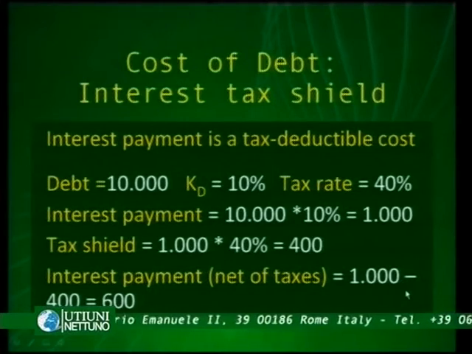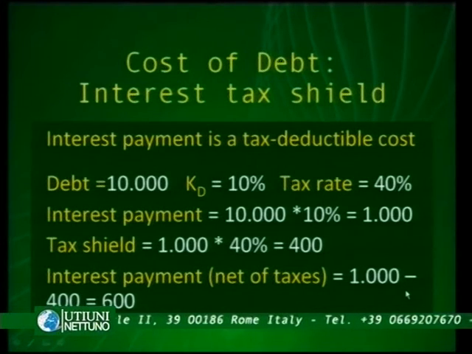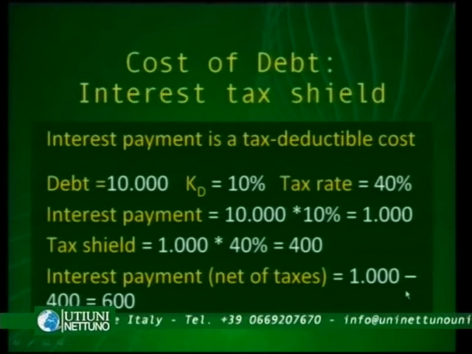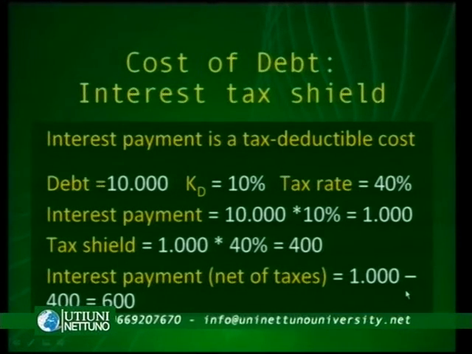Let's try to understand better how the interest tax shield works looking at a very simple example. So here we have an example of how the interest tax shield works. We know that interest payment is a tax deductible cost. So let's consider a case where we have an initial loan of 10,000.